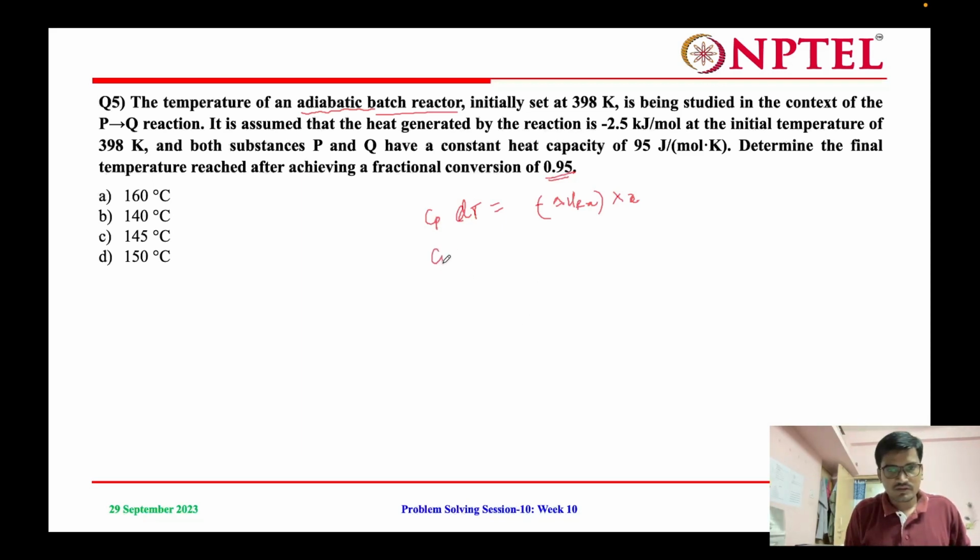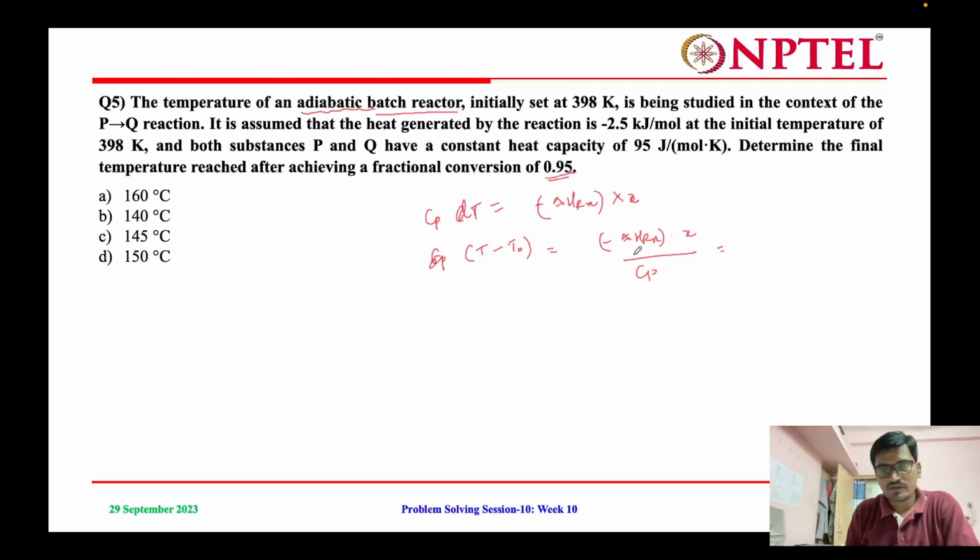So we can write Cp (T minus T naught) equal to that. So you have to calculate the final temperature.